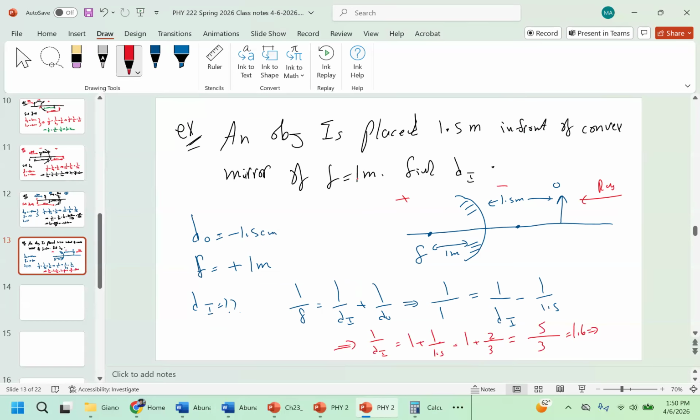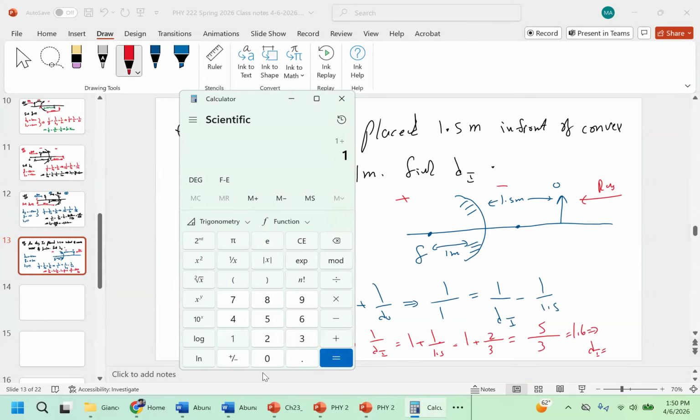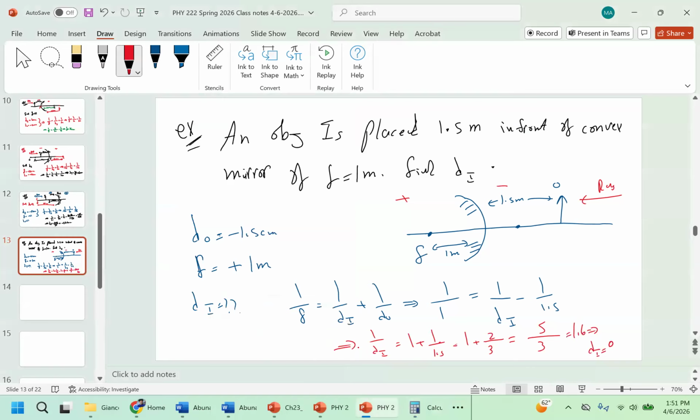That means D of I equals 1 divided by 1.6, which is 0.6 centimeters, and it's positive. So in this case, your image would be right over here somewhere.